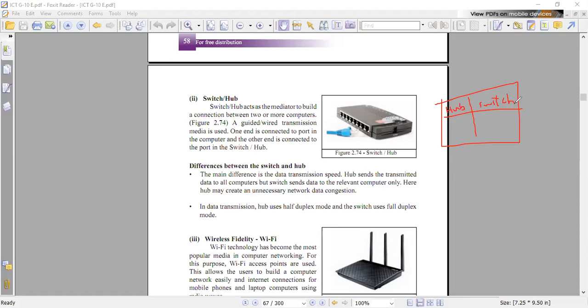Under hub, write down, data transmission method or mode is half duplex.